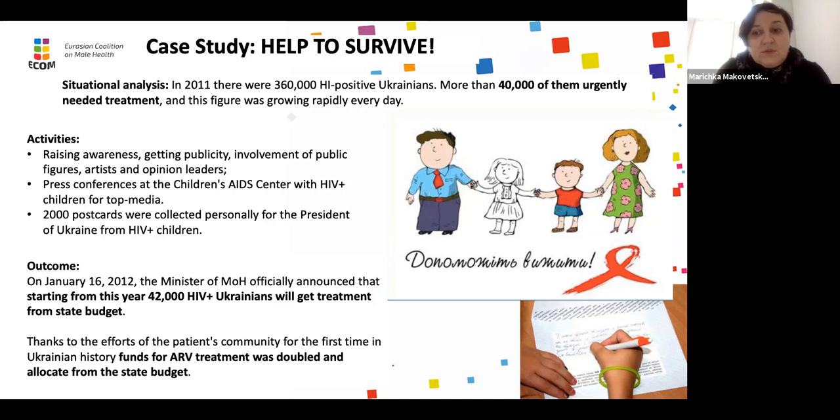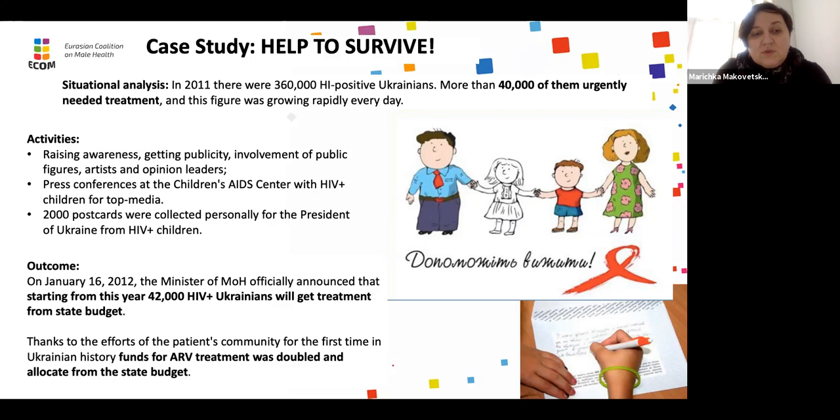So what we did, we designed the visual of this campaign. A very famous Ukrainian artist helped us design it. The idea was to gather public people, artists, opinion leaders, journalists, media, and the target of our advocacy campaign was the president of Ukraine.